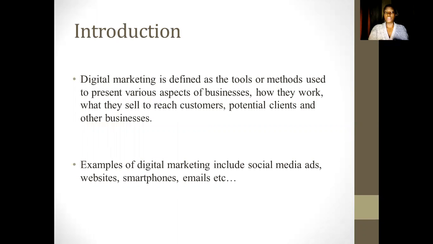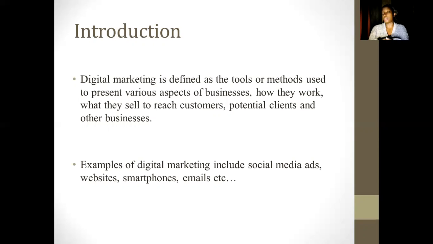So, to start, introduction. First of all, you have to understand what digital marketing is. Digital marketing is defined as the tools or methods that businesses use to present the various products they sell, how they work, or how they reach the customers or potential clients.